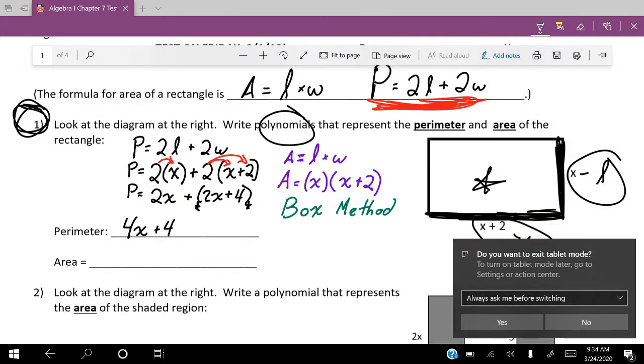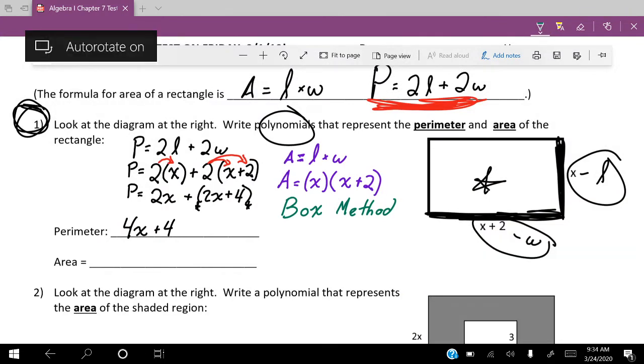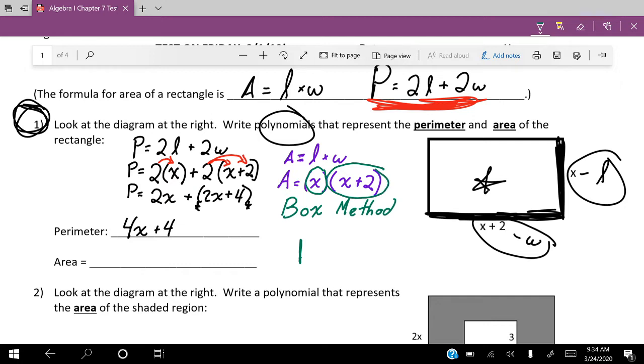So the box method, for those of you who may be forgetting what it is, we draw a box with the dimensions of terms in what we're multiplying. So if we look right here, there is one term. So the box is going to be 1 long, and there are 2 terms here, so it's going to be 2 wide.